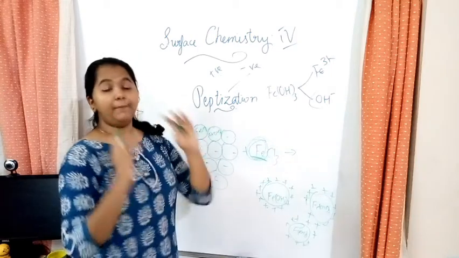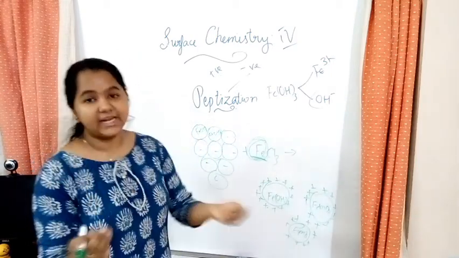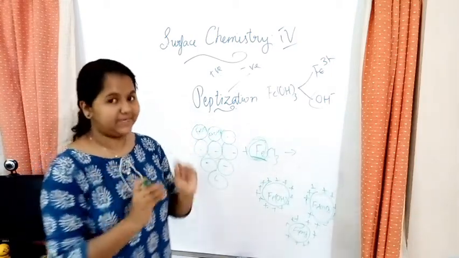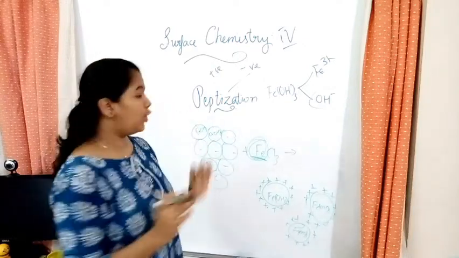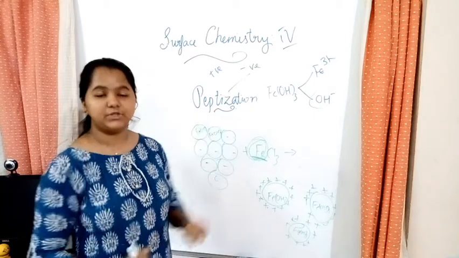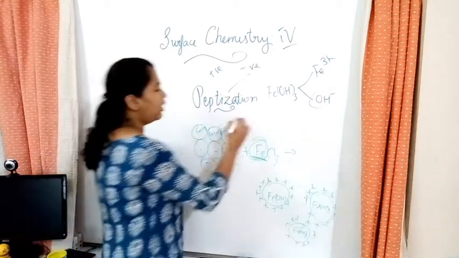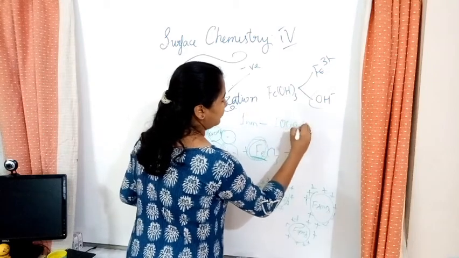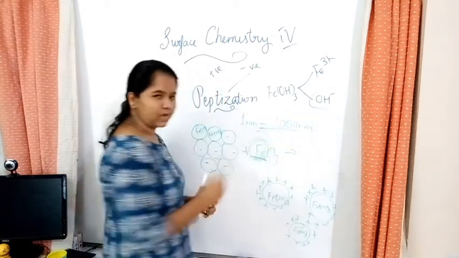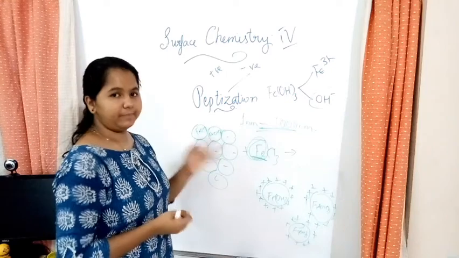Since we know the particle size of a precipitate is bigger than a colloid, when it disintegrates, it will come to the colloidal dimension, that is 1 nanometer to 1000 nanometer particle size. Okay. So this is the example for peptization.